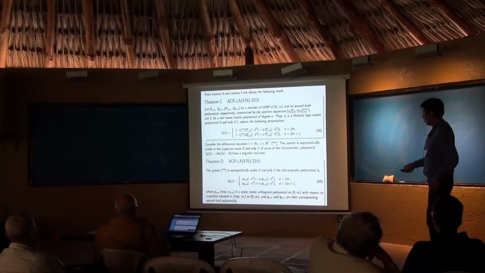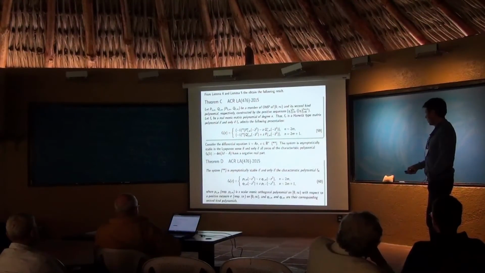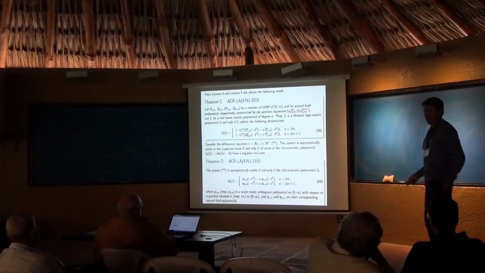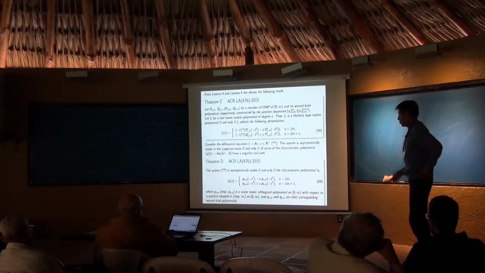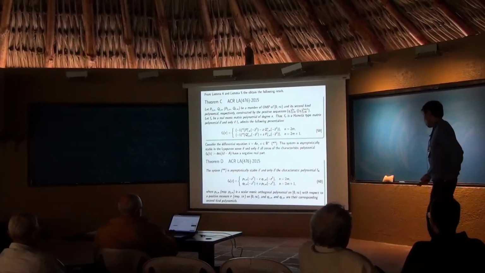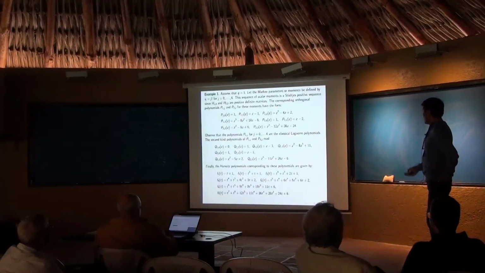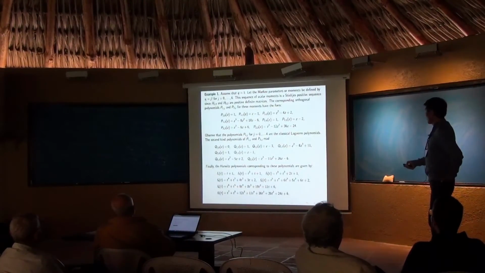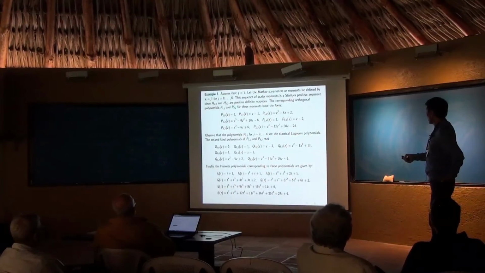This part is studied by people who do control theory, system theory, and this part, orthogonal polynomials, there are people here who study a lot about this topic. So it is a bridge between these two kinds of polynomials, or maybe areas. Here is one example. For instance, we can give the Markov parameters or moments.